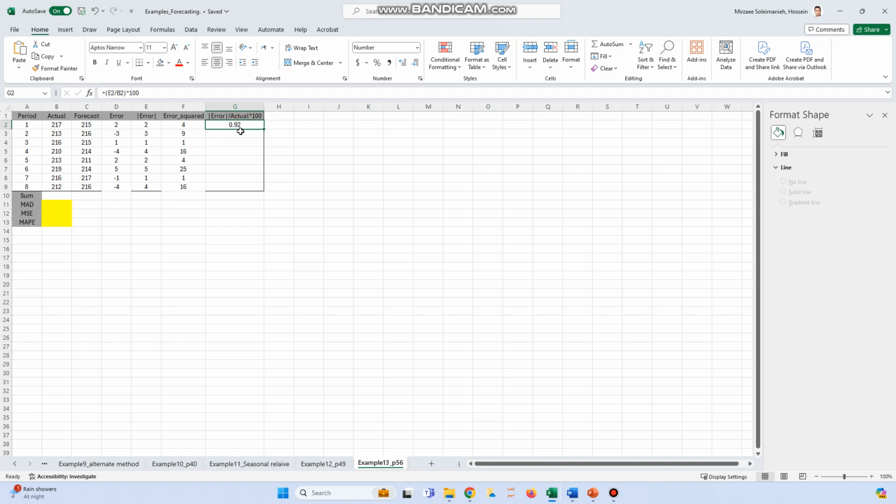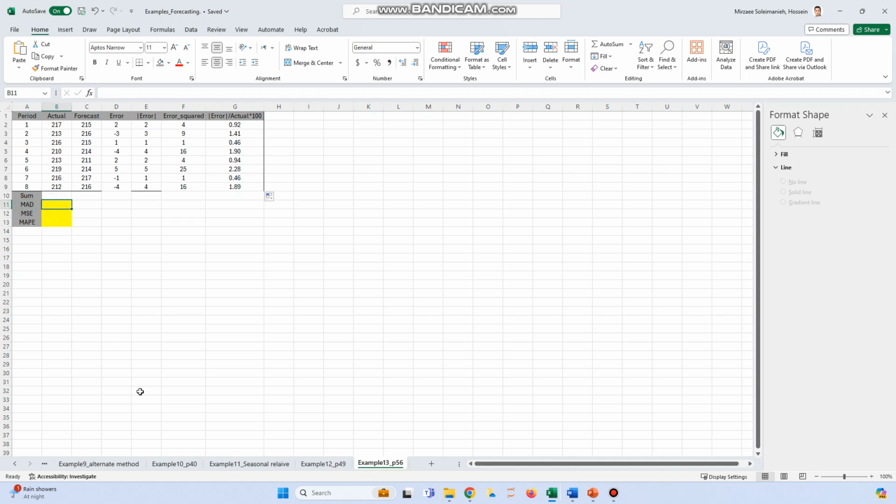So this is the value for absolute value of error divided by actual data times 100. And let's copy the formula to other cells. Okay. So now we have all the calculations that we need to do for our formulas.